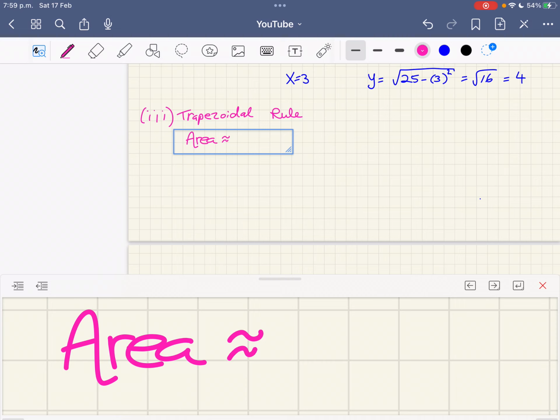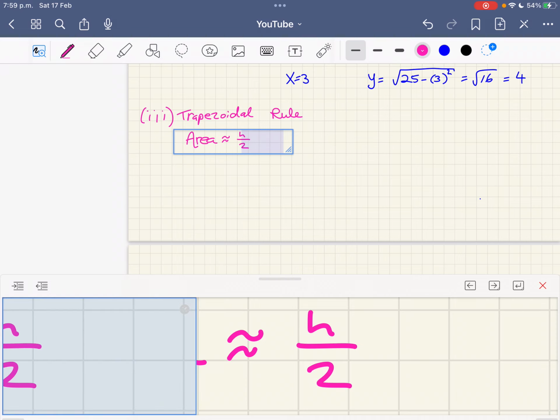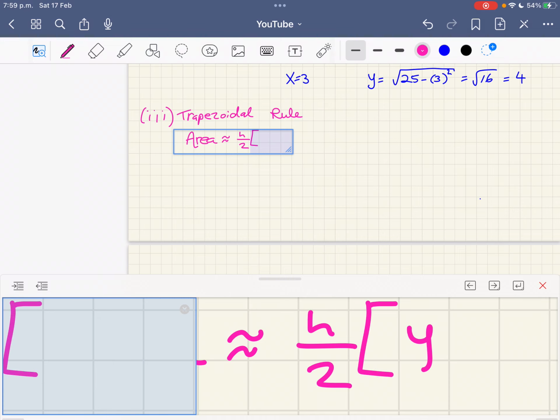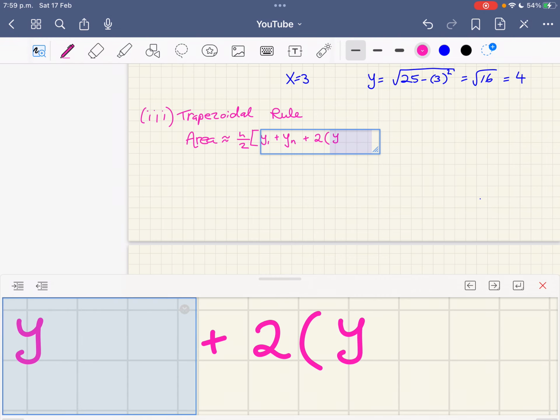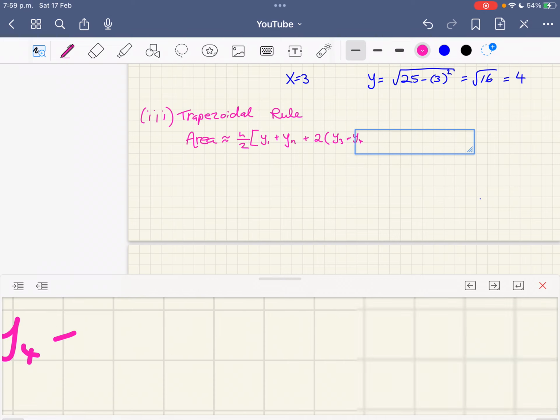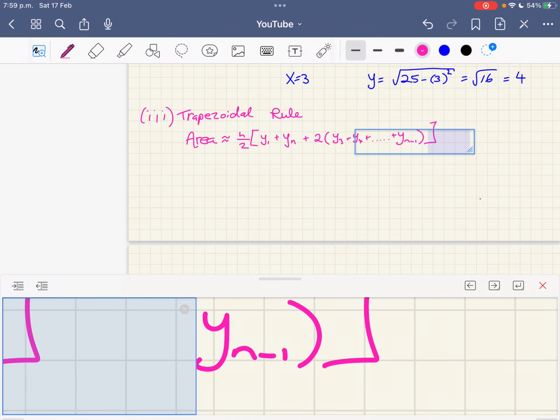So area is equal to h over 2 (y1 plus yn, and then we're going to have 2 multiplied by y2, y3, y4, all the way up to yn minus 1), close brackets.